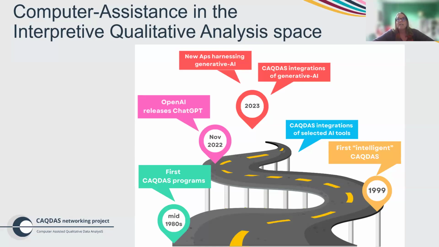And so since that time, we've had these various ways in which tools are actually helping us with our analysis. And many, as I mentioned before, of the qualitative software programs, CAQDAS programs they're often referred to, that you're mentioning in the chat, many of those started to incorporate those tools between that time, 1999, and November 2022, when everything changed with the release of ChatGPT from OpenAI.